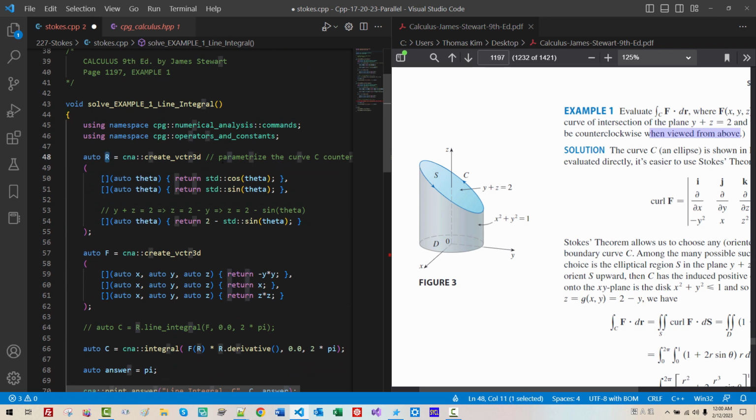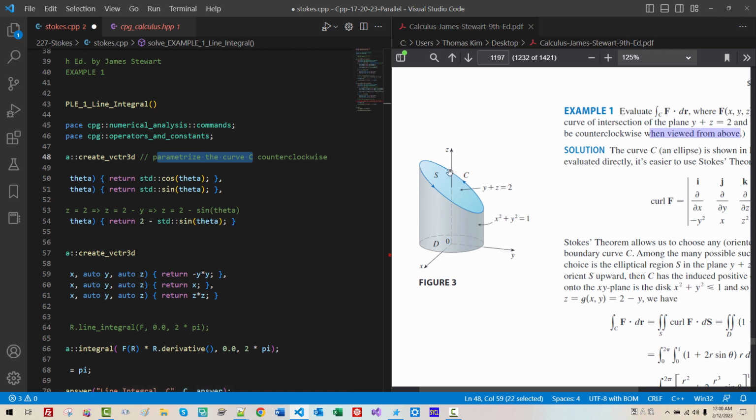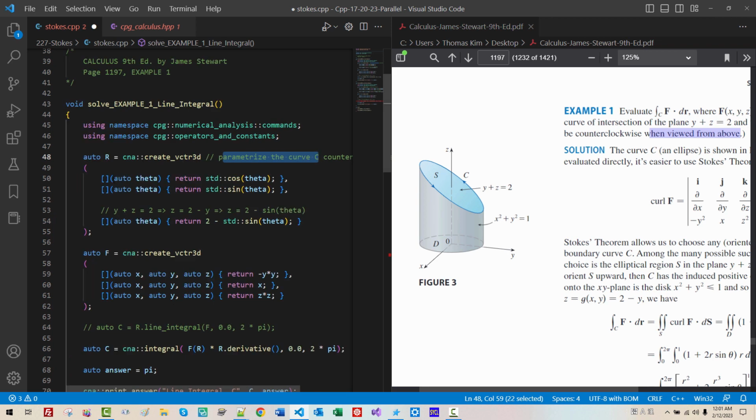Please compare this parameterization with this parameterization. This vector r parameterized the curve C counterclockwise, the boundary of this surface S. In this case, we take 1 parameter. This theta is good enough because our radius does not change. It is like 1 times cosine theta, 1 times sine theta, because we are interested in this boundary curve.